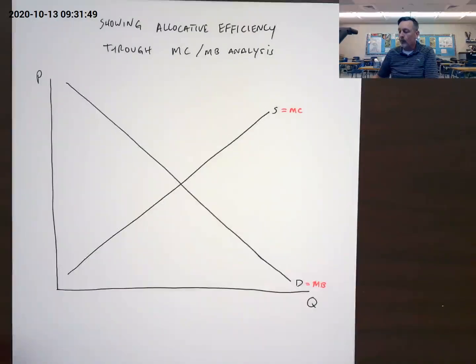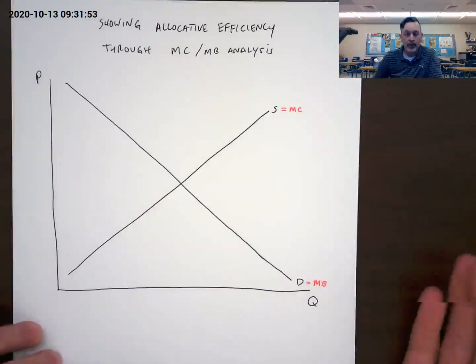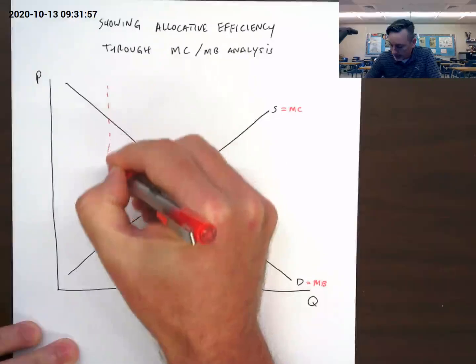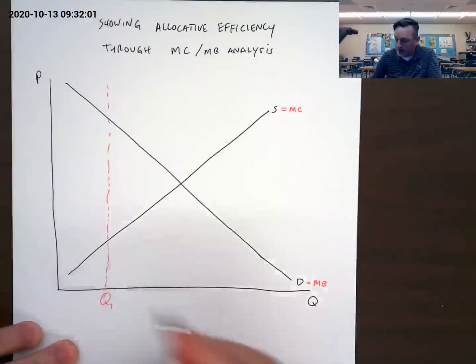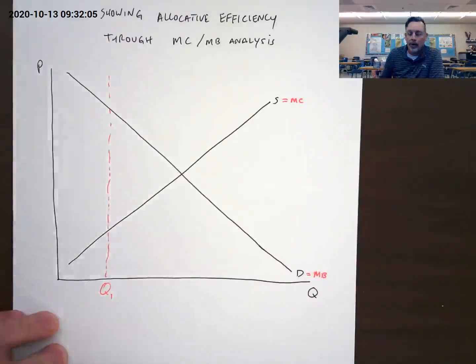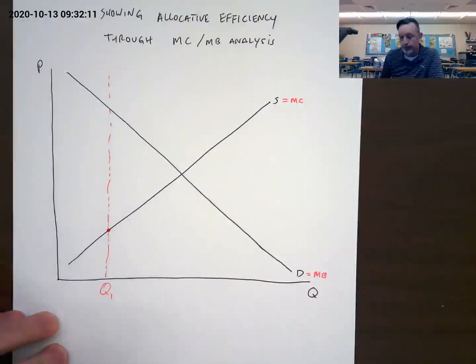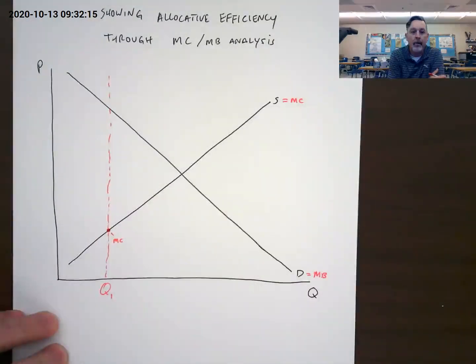So, what does that tell us? All right, well, let's do some actual analysis, okay? So, let's just pick a random quantity over here on the left, and we'll call it Q1, okay? So, what can we identify at Q1? Well, at Q1, right here, is where I hit my marginal cost curve, okay?